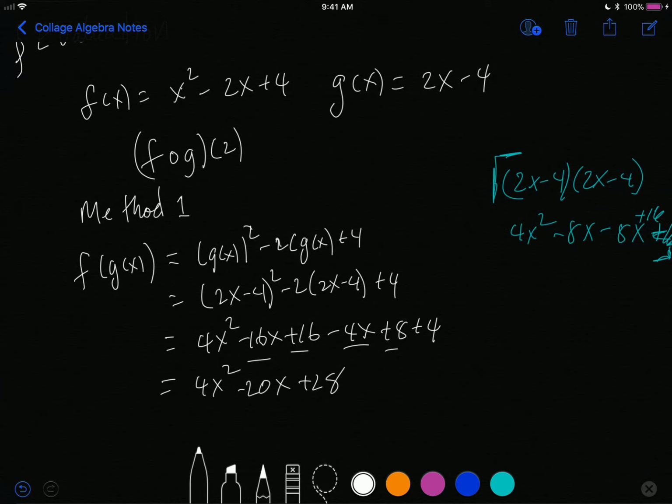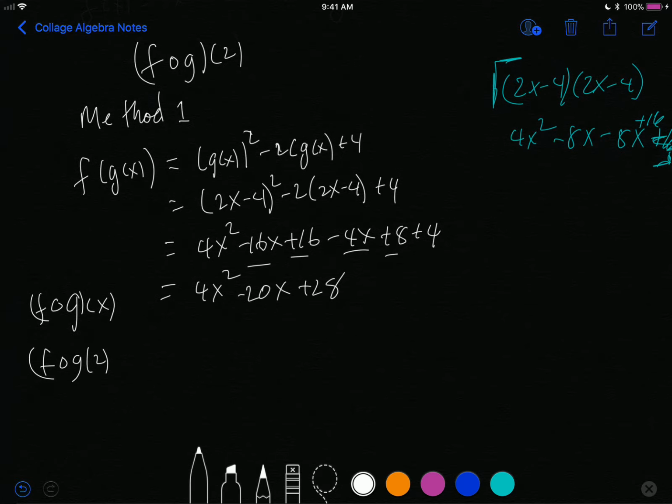So f of g of 2 is equal to 4 times 2 squared minus 20 times 2 plus 28. And so that's going to be 4 times 4 minus 40 plus 28.